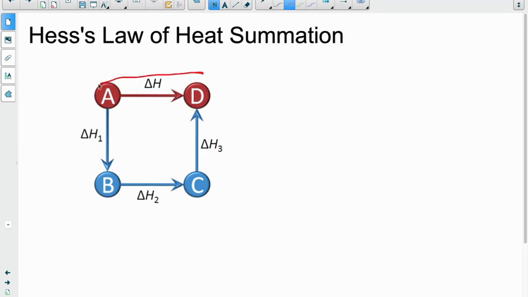Now, if you recall, Hess's law of heat summation basically states that if I'm interested in finding the enthalpy change for a reaction, in this case, A to D, and for whatever reason I can't do that directly, perhaps because the reaction is too slow or the reaction is too explosive and I can't find the enthalpy change experimentally, if I can break that reaction down into simpler steps for which I can find enthalpy changes, or I can find other reactions that I can manipulate mathematically to get my overall reaction, then this holds true.